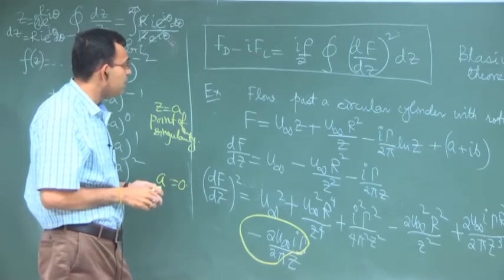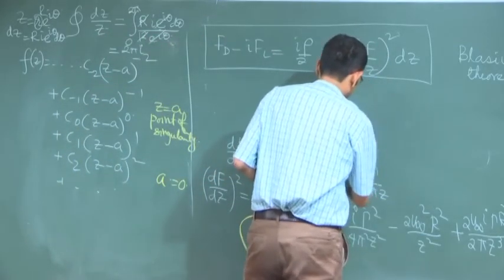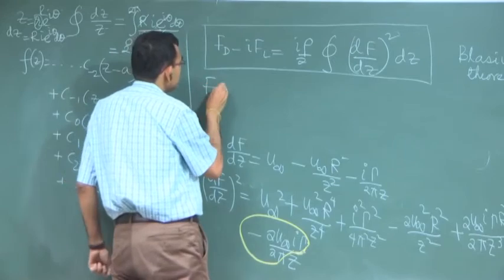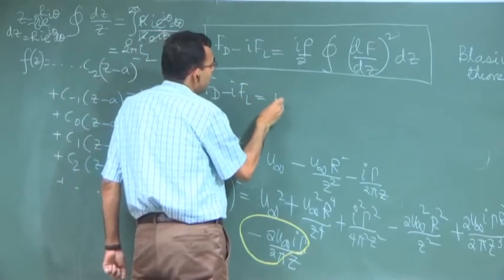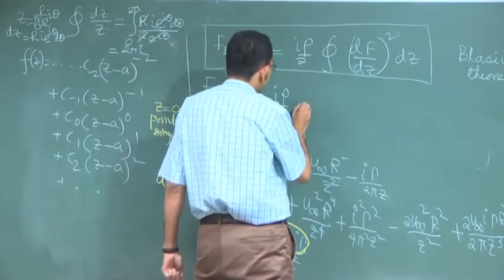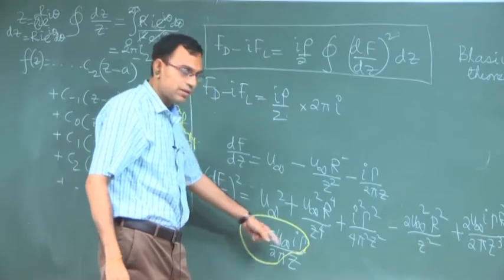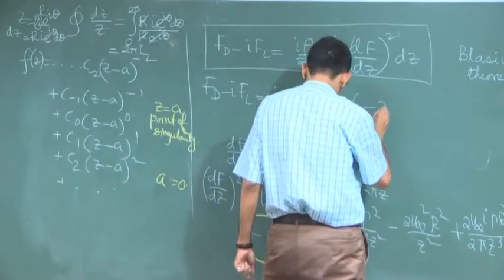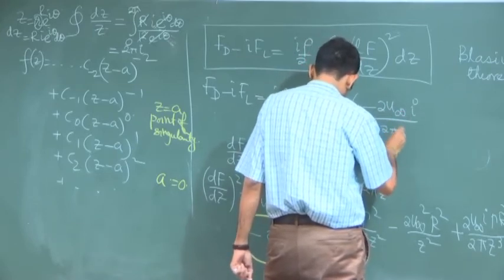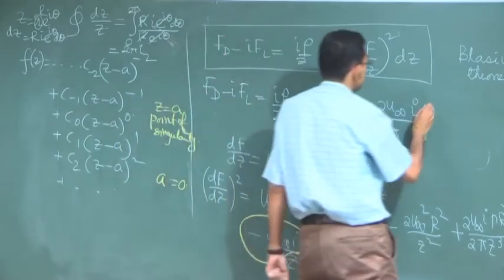So, the force F_D minus i F_L is i rho by 2, and for a circular cylinder it will be this into 2 pi i into the coefficient, this one, minus 2 u infinity i by 2 pi, into gamma, right.